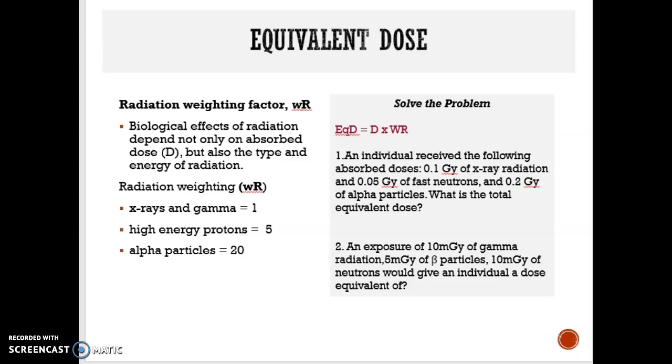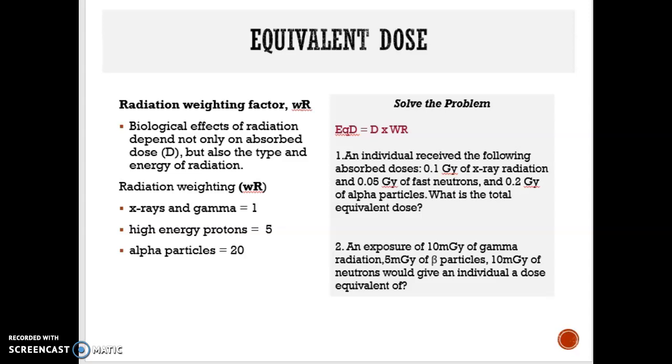For example, 1 gray of alpha radiation is more harmful to a given tissue than 1 gray of beta radiation, perhaps. To obtain the equivalent dose, the absorbed dose is multiplied by a specified radiation weighting or quality factor for that particular type of radiation.